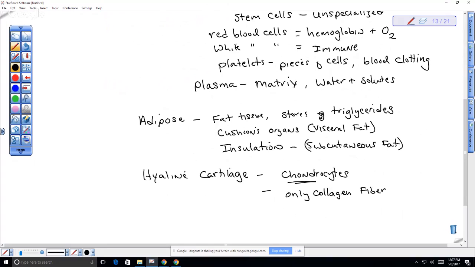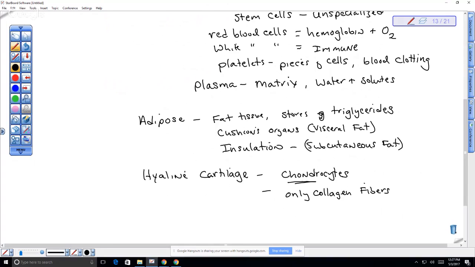So one of the things that's interesting is that most of our skeleton starts out as hyaline cartilage. So when you're in the uterus as a fetus, the fetal bones, they have a humerus and they have a radius and ulna. They're all composed of hyaline cartilage.